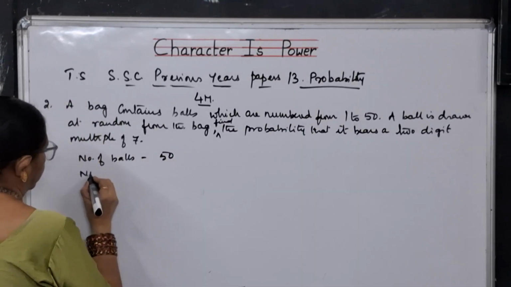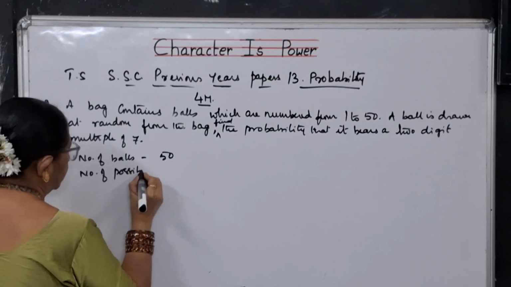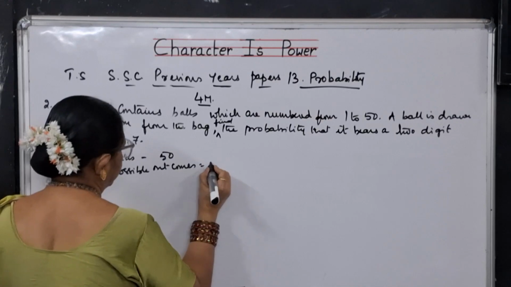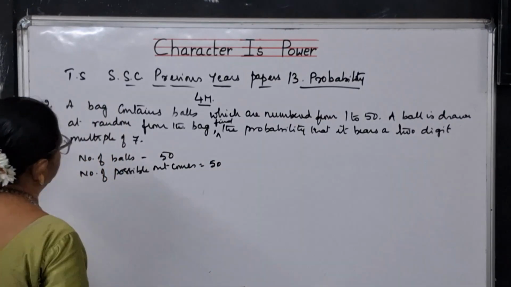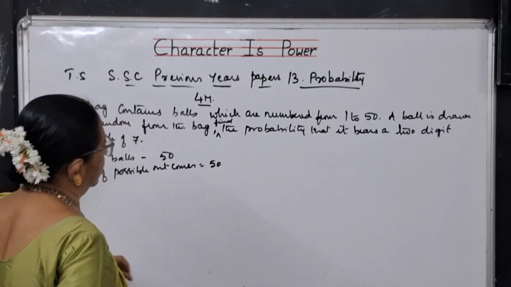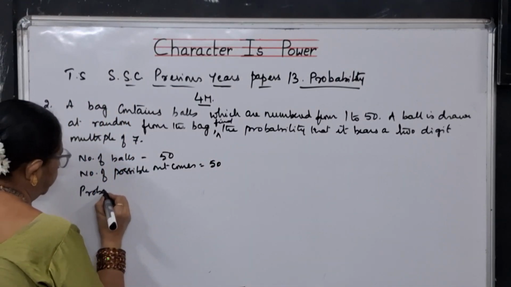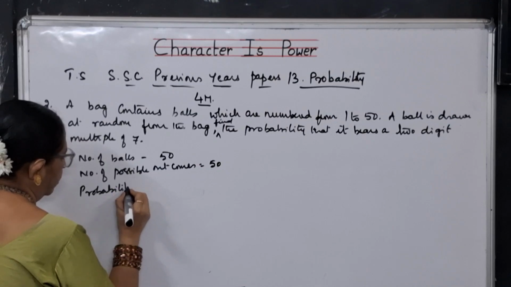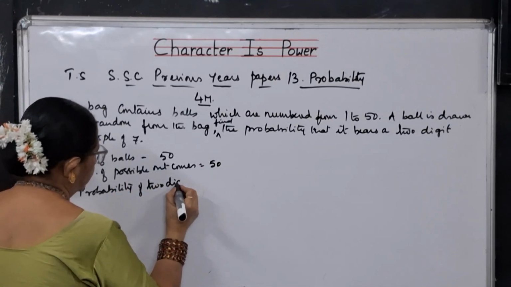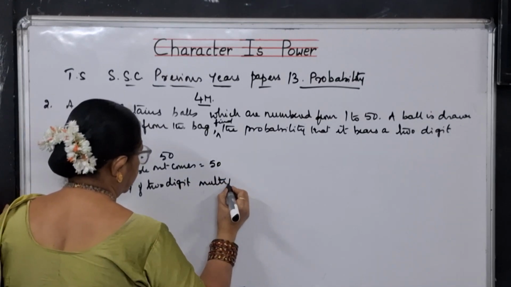That means number of possible outcomes is 50. Now, randomly if you pick, the probability that it has a two-digit multiple of 7.